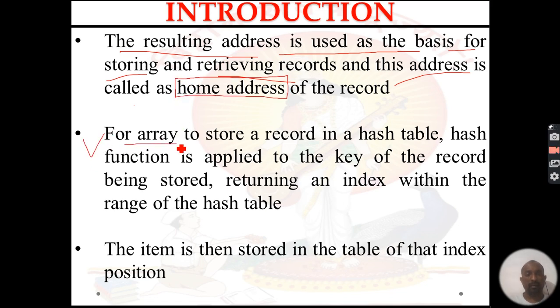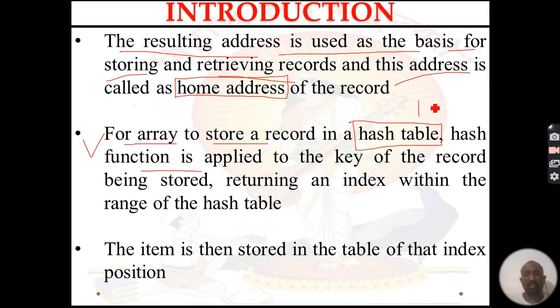Second point, to store the record in the hash table, the hash function is applied to the key of the record being stored, returning an index within the range of the hash table. If you want to store the element in the hash table, you should know the size of the table.